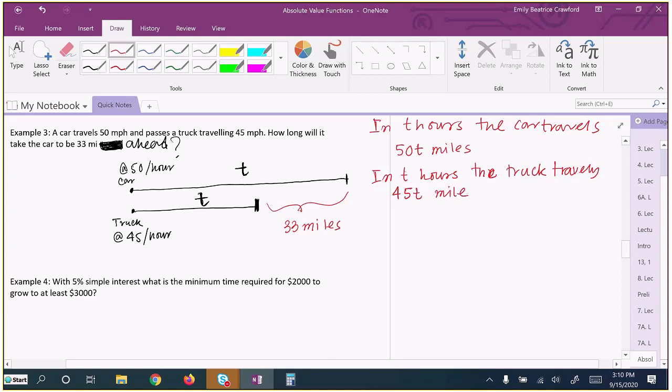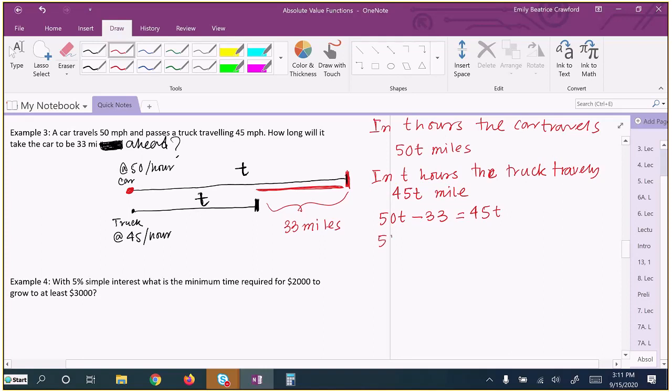And remember, the difference should be 33 miles. So now I will say 50t minus 33. So 50t is from the point where the car has overtaken the truck till this point after t hours. Minus 33, minus this portion, should be the distance traveled by the truck in t hours, so that should be 45t.